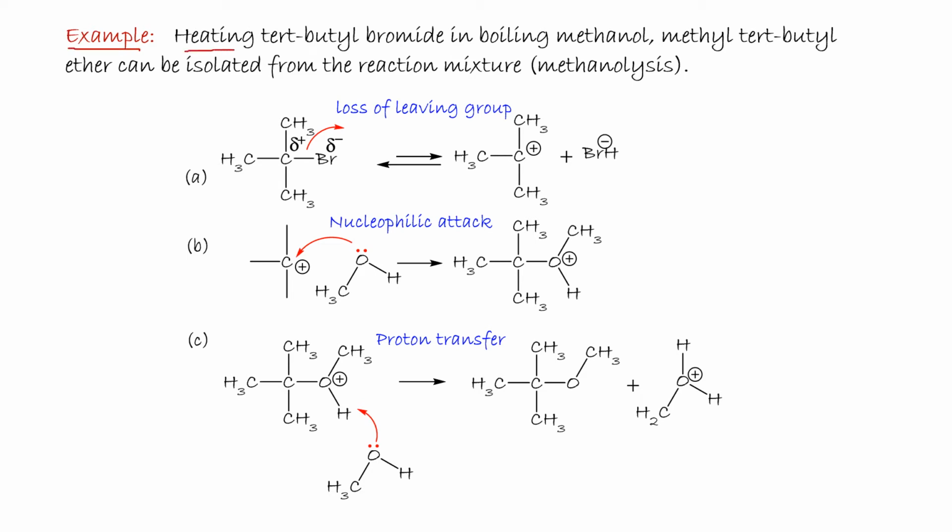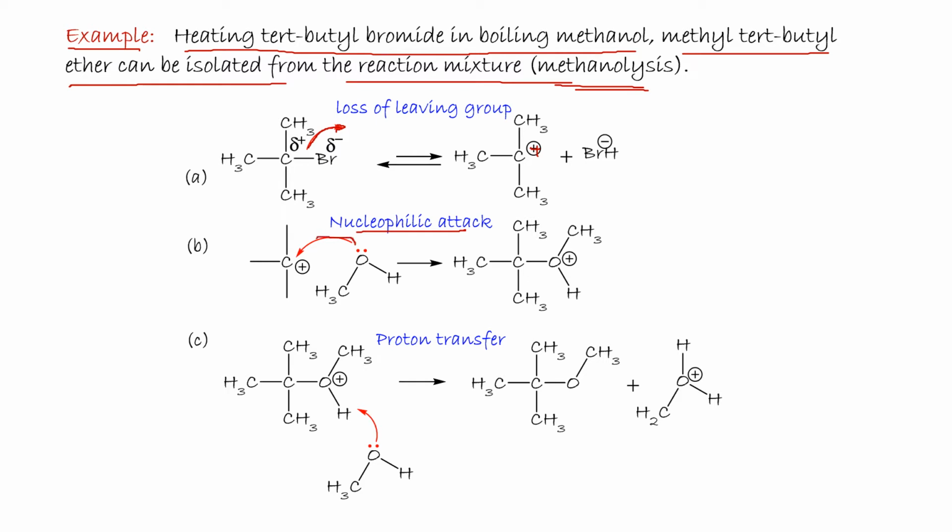Example: heating tertiary butyl bromide in boiling methanol, methyl tertiary butyl ether can be isolated from the reaction mixture. We call this methanolysis. So the first step is loss of the leaving group, formation of the carbocation, then followed by nucleophilic attack by a lone pair of electrons from the oxygen of methanol on the carbocation, forming this oxonium ion, which upon proton transfer gives the ether.